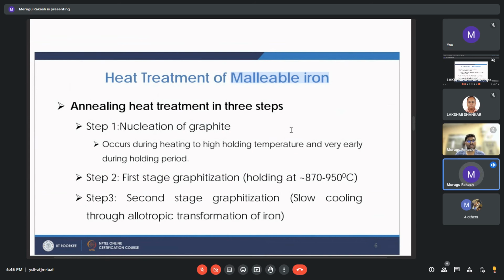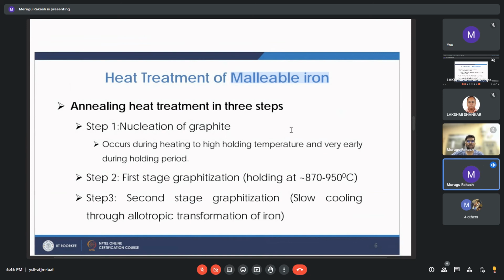Basically, it has three steps. Our main goal is that in white cast iron we have so many hard carbides, so we have to break them and nucleate graphite formation, which is known as graphitization, that we need to promote. That is the main step. The first step is nucleation of graphite.